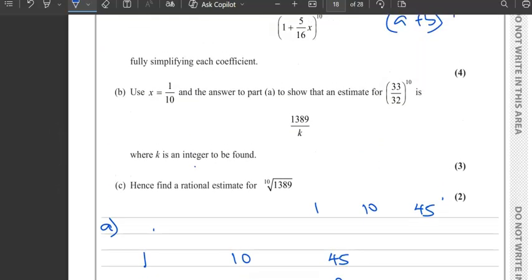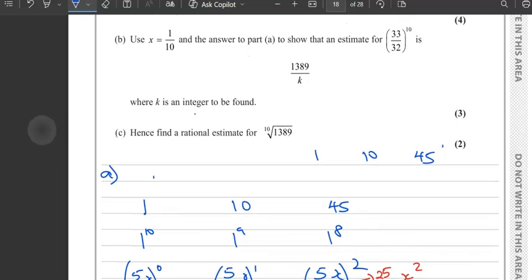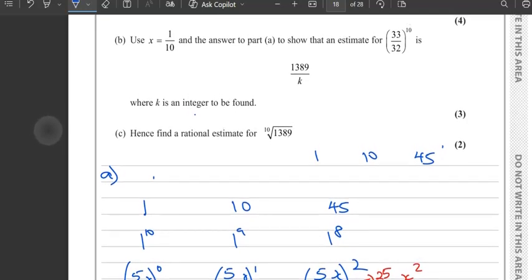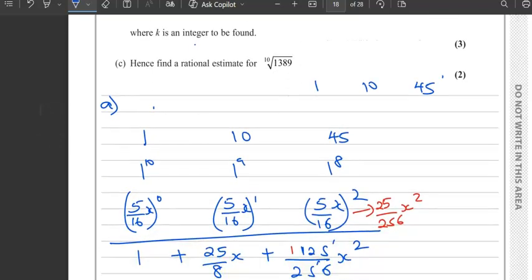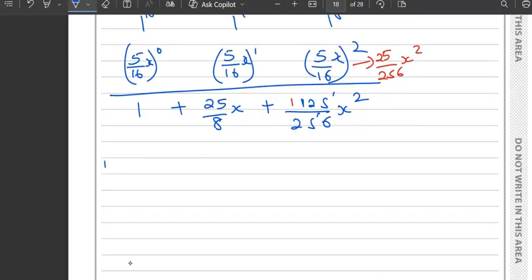Now part B says use x equals 1/10 and the answer to part A to show that an estimate for (33/32)^10 is 1389 over k, where k is an integer to be found. So what do we need to do in this case? Originally we are given (1 + 5/16 x) raised to power 10, but already you've been given that x equals 1/10.